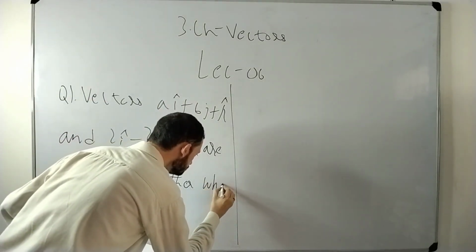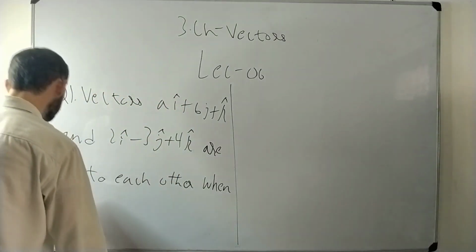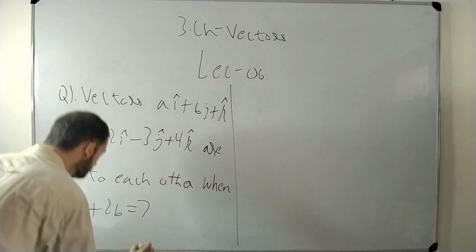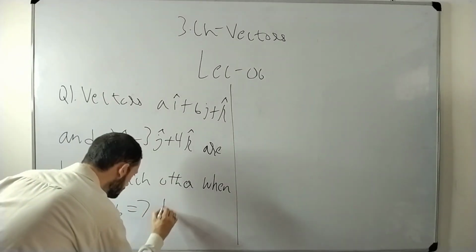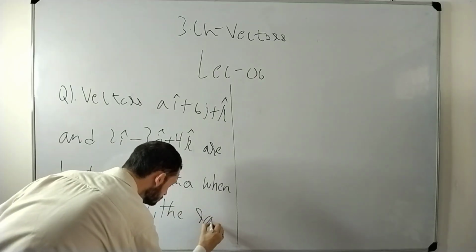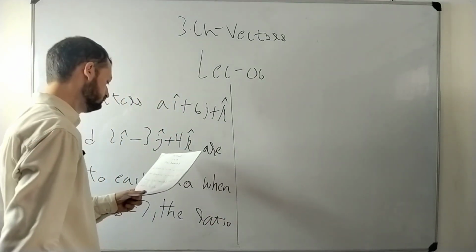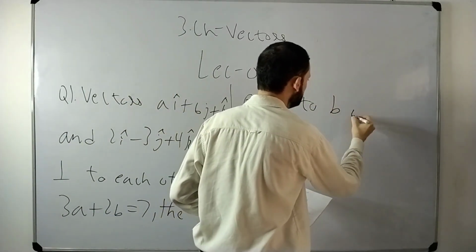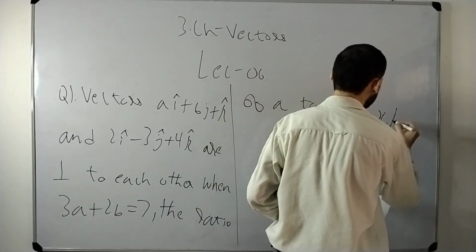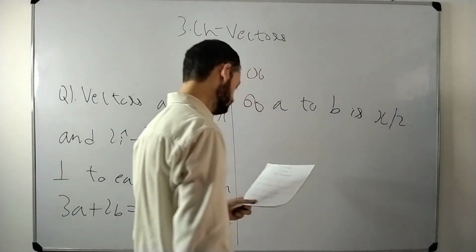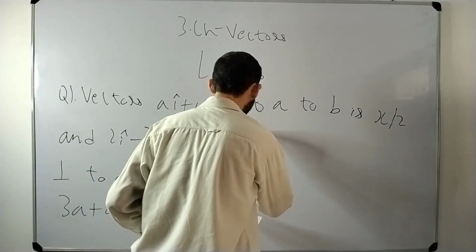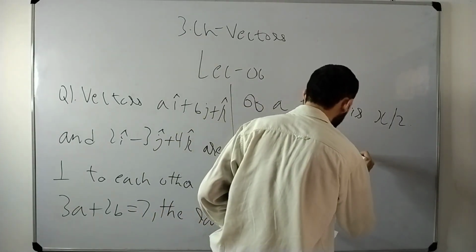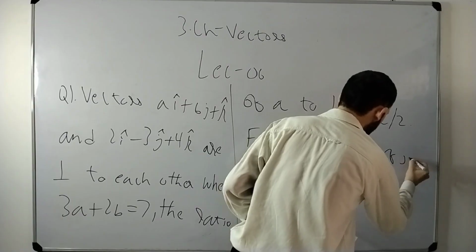When 3A plus 2B is equal to 7, the ratio of A to B is x by 2. Find the value of x.